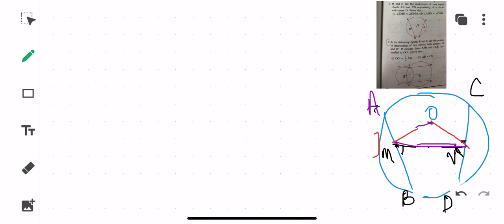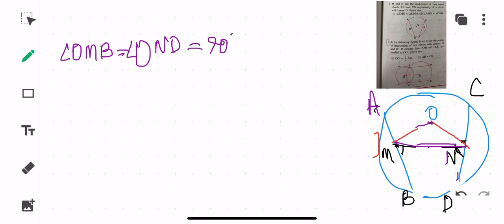So in that what you can write, see, angle OMB, this is my MB, and this I had taken as N, is equal to angle OND is equal to 90 degrees. And how did you prove that both of them are equal?